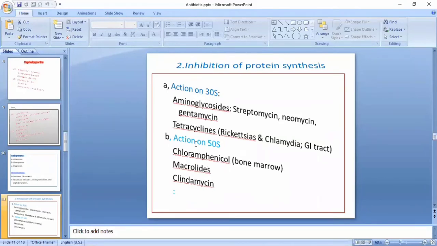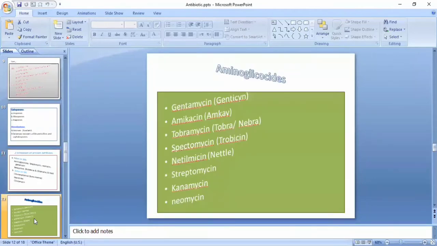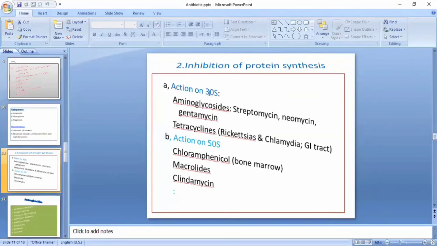So these are the drugs which inhibit protein synthesis by acting on the messenger RNA subunits, and there are the two subunits, 30S and 50S. Now the aminoglycosides. Here the drugs which act on the 30S are the aminoglycosides.